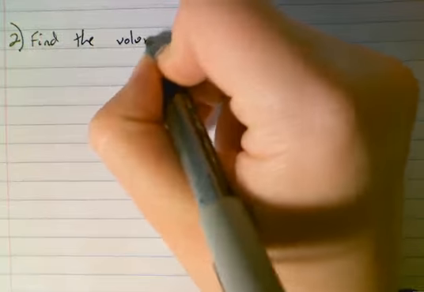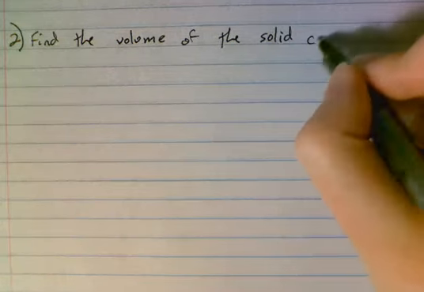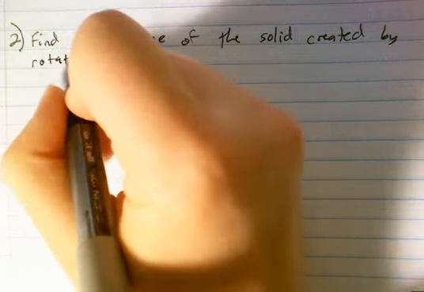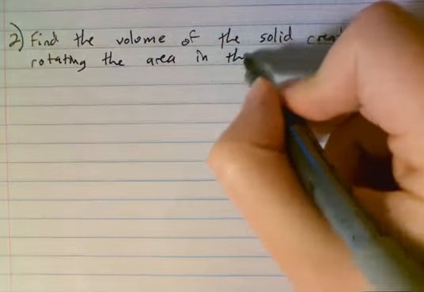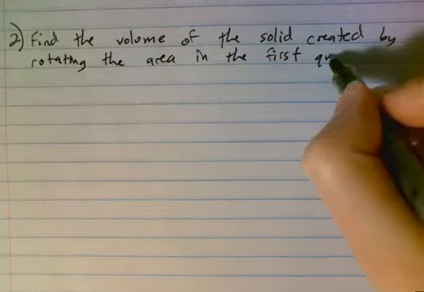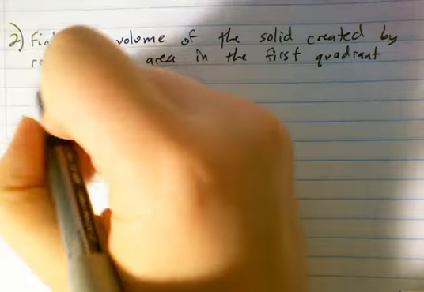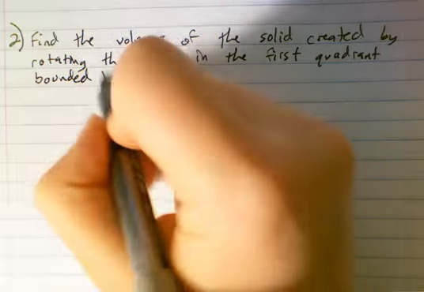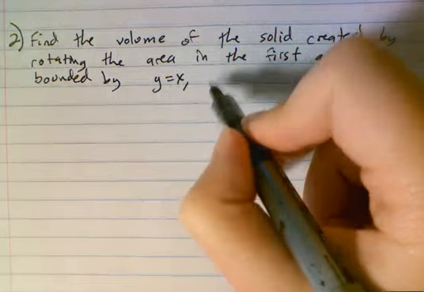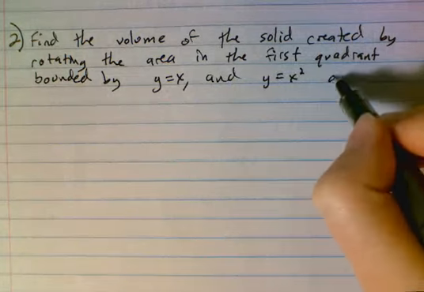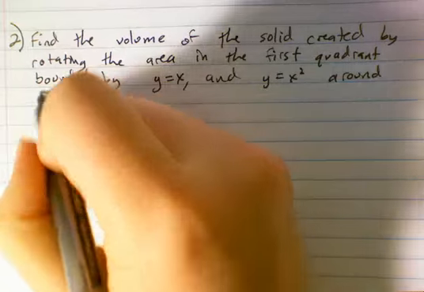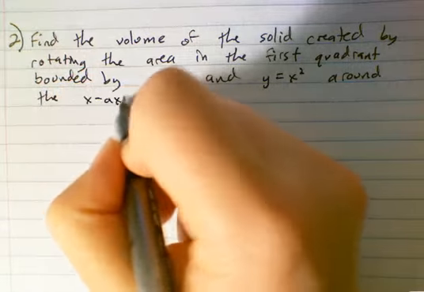Find the volume of the solid created by rotating the area in the first quadrant bounded by y equals x and y equals x squared around the x-axis.